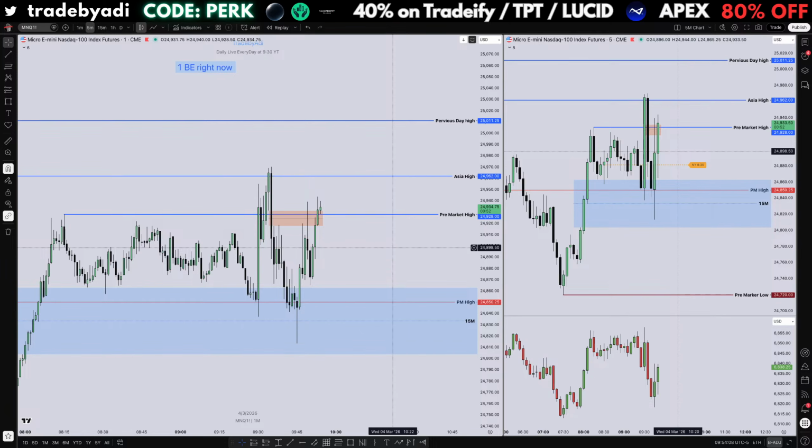Yeah, I took a one trade over here, and I saw the good rally, but it did not create any fair value gap, and then the market just tapped this 15-minute FVG, and we got a good reaction from this.